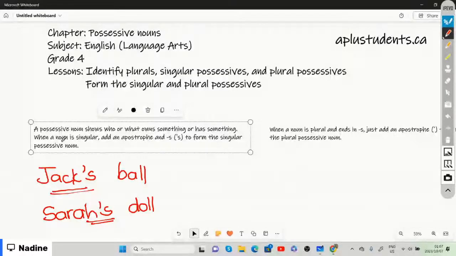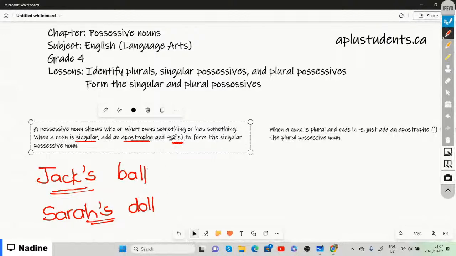And when a noun is singular, referring to one person, one animal, one place, or one thing, then we add an apostrophe and an S, meaning that we will add this that we see in brackets.